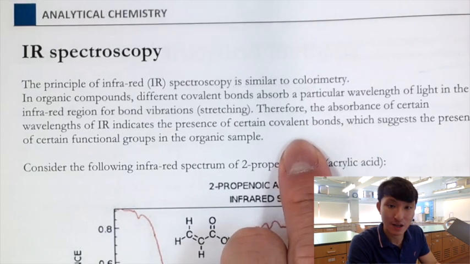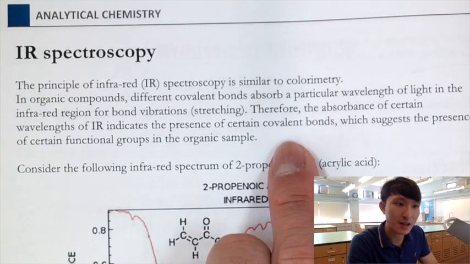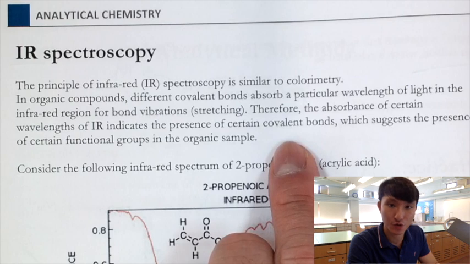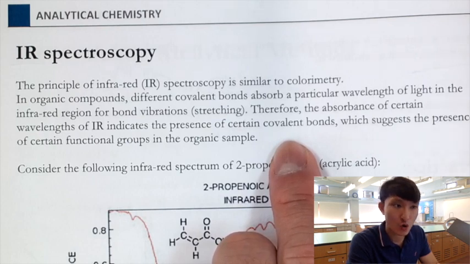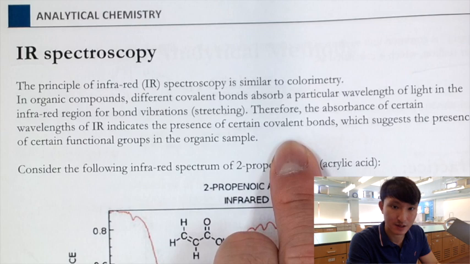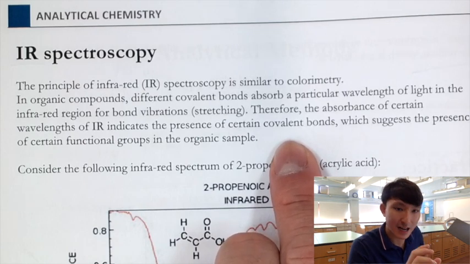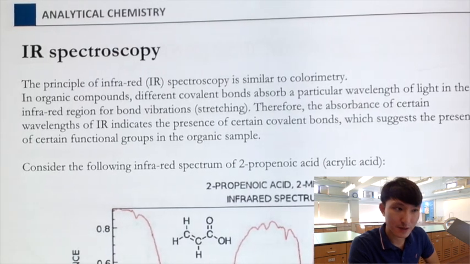In IR, we are trying to find out what functional group or what kind of structural features a particular organic sample has. So we are trying to find out what instead of how much.